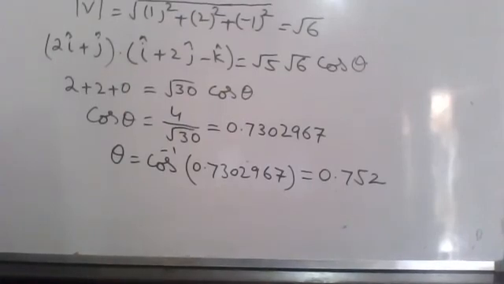In this way, we will find the angle between the two vectors u and v. Understood how to find the angle when the two vectors are given in ijk form? So dot product is also used to find the angle in between the two vectors.